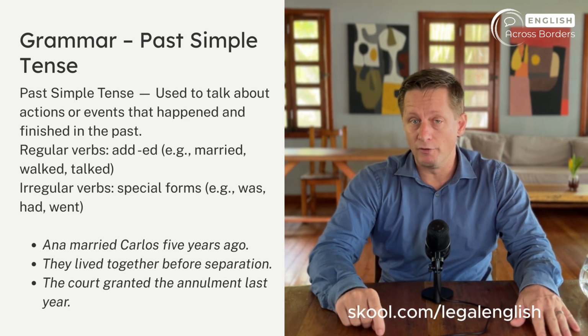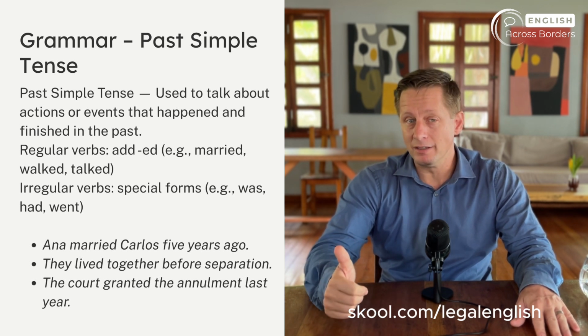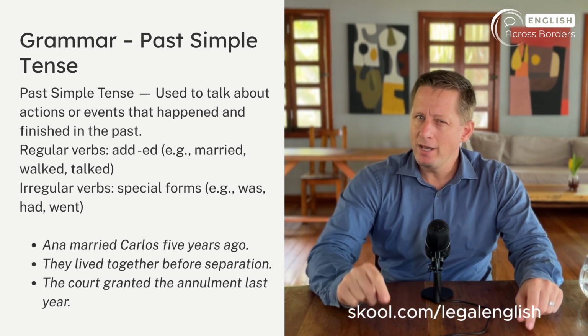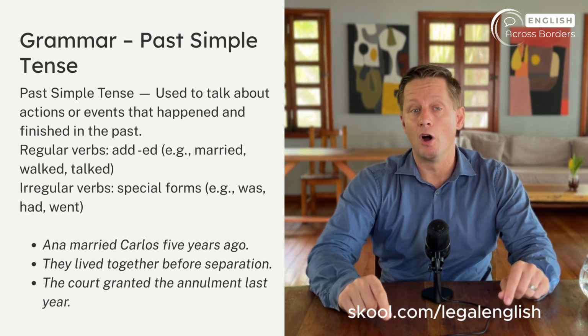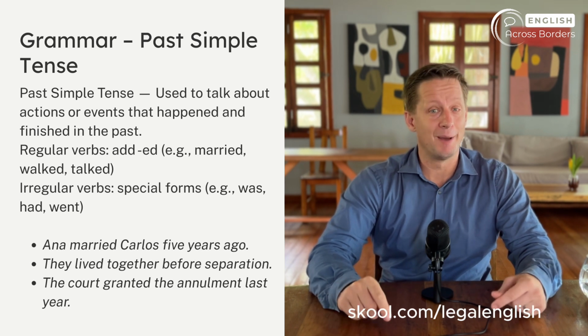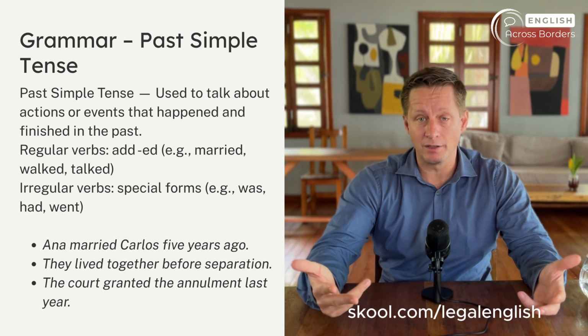With regular verbs, we usually add ed to the base form, like married, walked, and talked. But be careful. Some verbs are irregular and don't follow this rule. For example, was, had, and went are irregular.